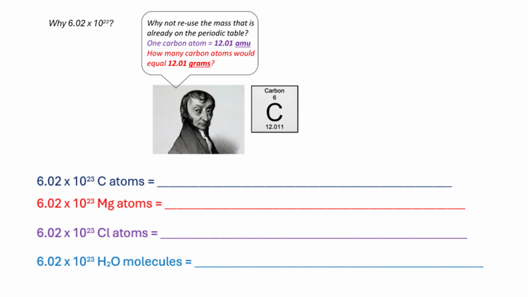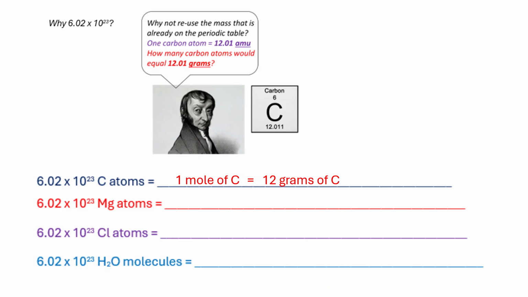Why not just recycle that same number and use that again, okay? And instead say, all right, let's group together enough carbon atoms so that it weighs 12.01 grams, right? So that would then be a mole. So 6.02 times 10 to the 23rd carbon atoms would be 1 mole of carbon, and it would weigh 12 grams or 12.01 grams, right?